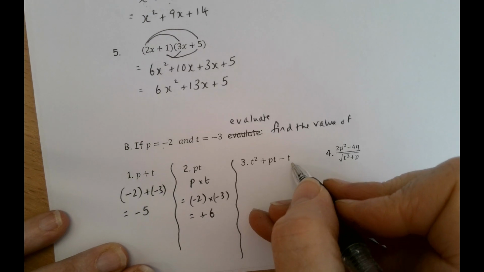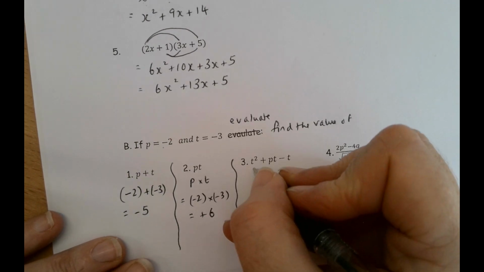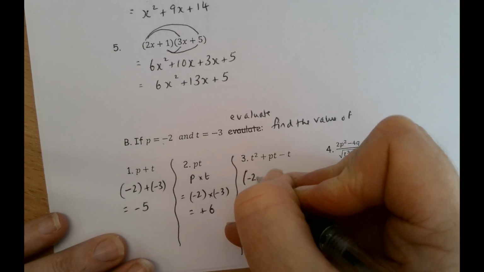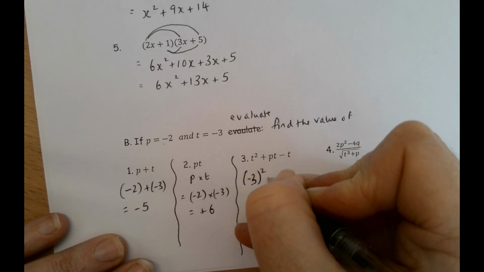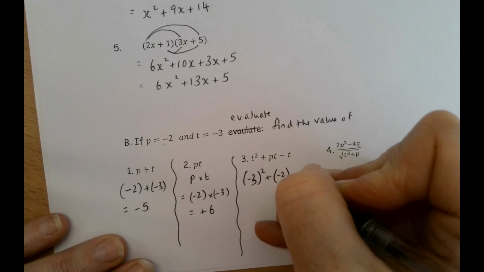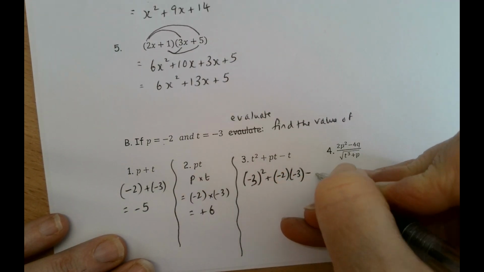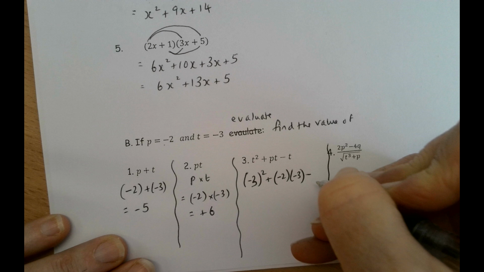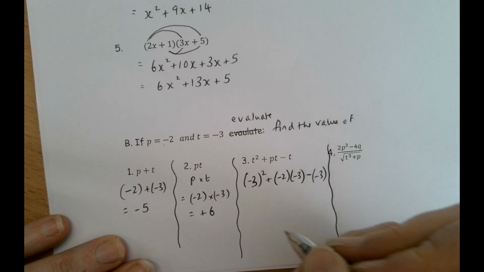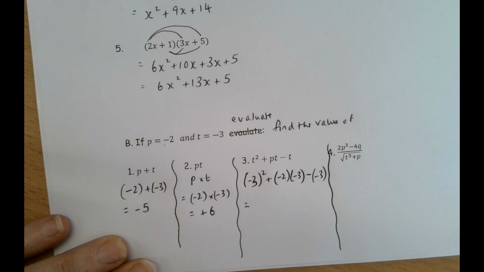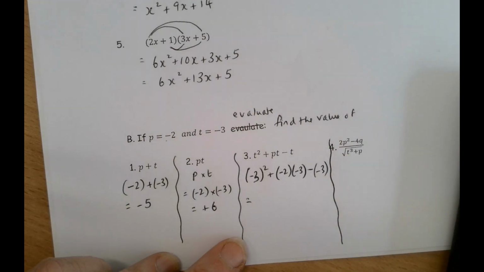t squared plus pt minus t. So t squared is minus 3 squared plus minus 2 times minus 3 minus minus 3. Oh, that's nasty. But you could just plug that straight in your calculator. You don't have to do it in your head.